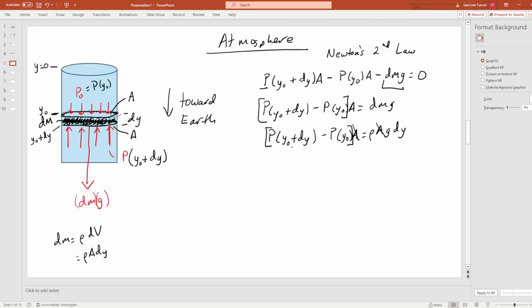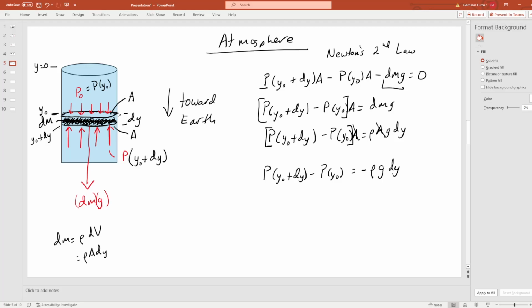However, what we're going to do is put a minus sign in here. And the minus sign is because the change in my pressure is in the opposite direction of my weight.